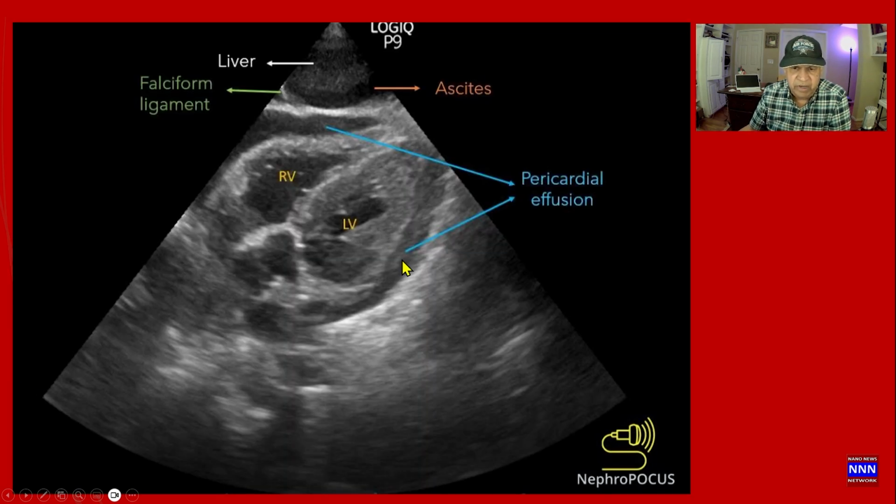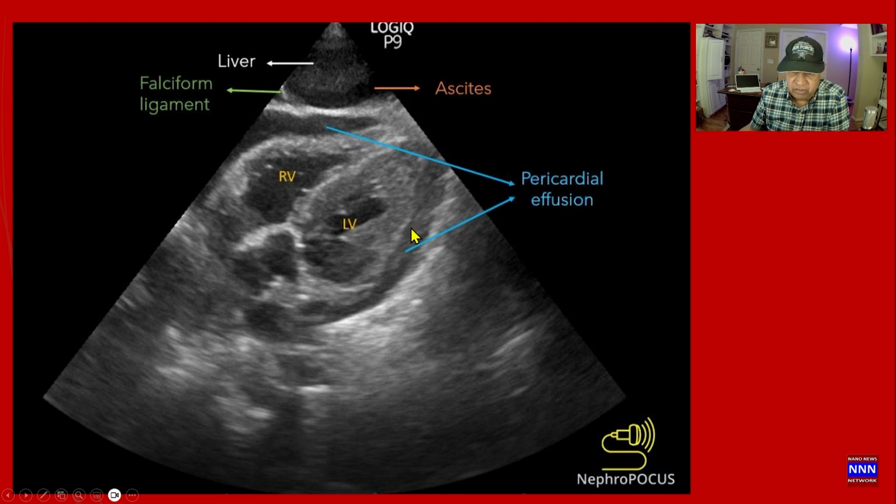So ladies and gentlemen, here's another example of an echogenic space going around the right ventricle apex and the left ventricle. And as you can see, there is probably the descending thoracic aorta. So we are talking about a pericardial effusion. And beyond that, there is some echogenic space, but it is not as clear as expected.